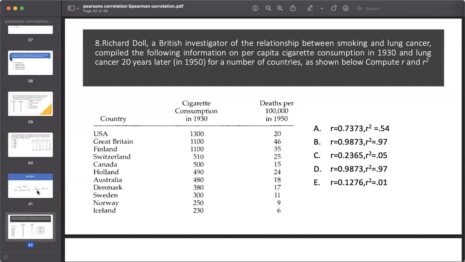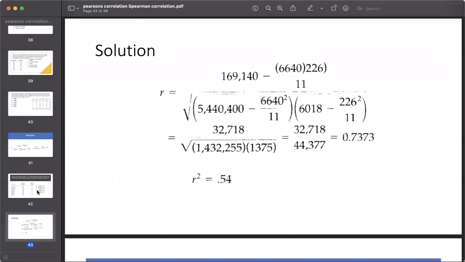And option E is r equal to 0.1276, R square is 0.01. The correct option for this question is A. R is equal to 0.7373. Here is the solution for this MCQ.